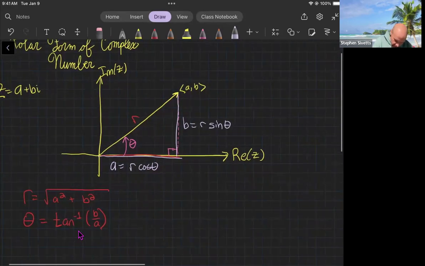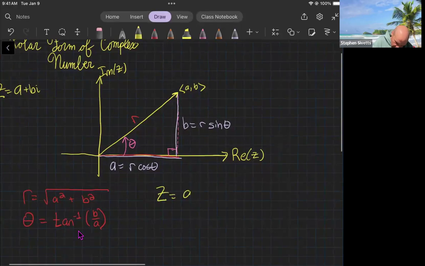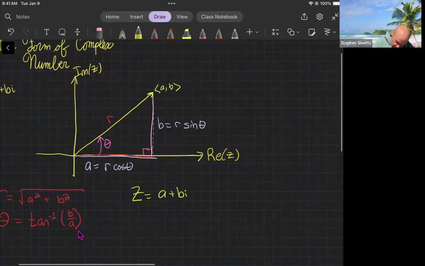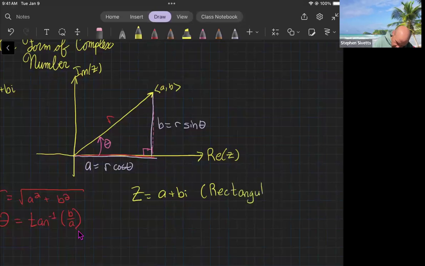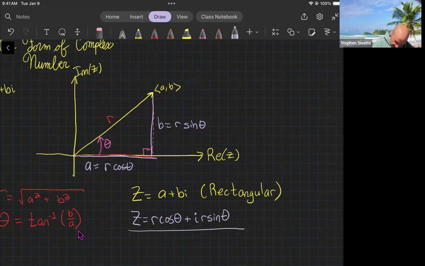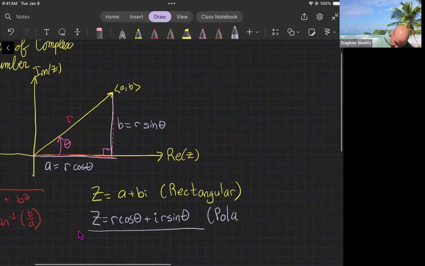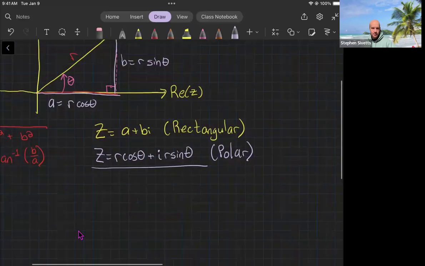Therefore, a plus bi is what's called the rectangular form of the complex number. This would be the polar form: a is r times cosine theta, plus i times b, which is r sine theta. So this here is the polar form of a complex number.